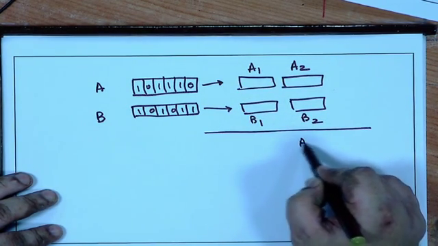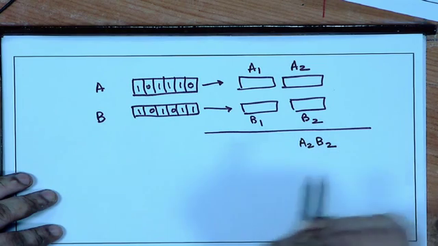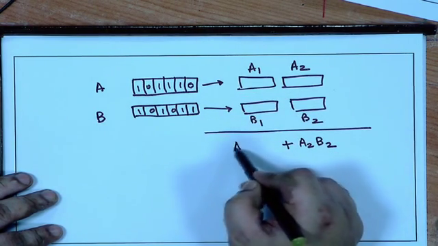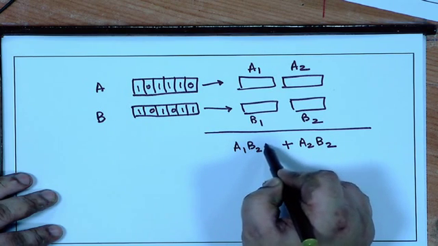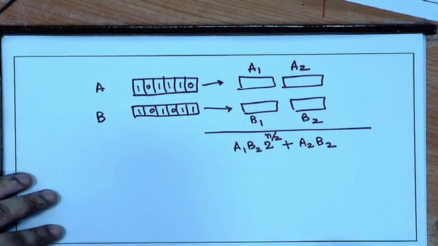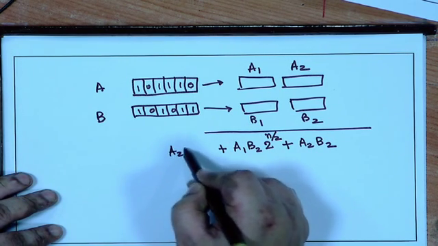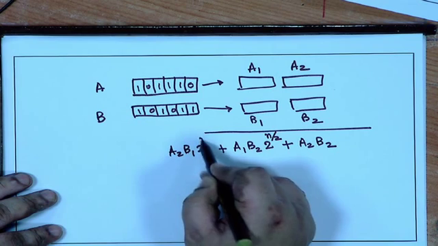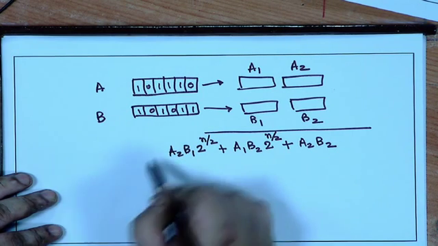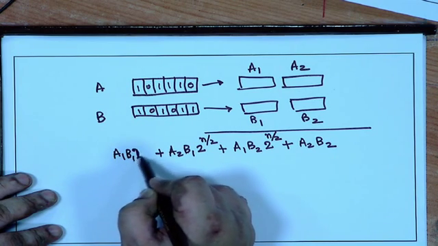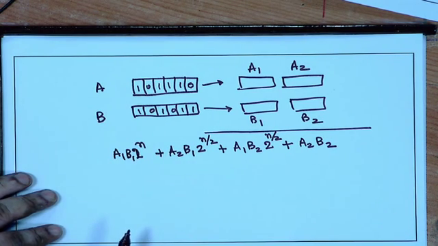For example, it will be A2 B2 plus A1 B2 into 2 to the power n by 2 shifted, plus A2 B1 into 2 to the power n by 2 plus A1 B1 into 2 to the power n, and 2 to the power n bitwise is just shift.